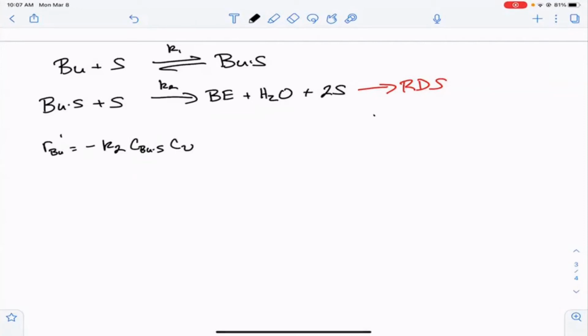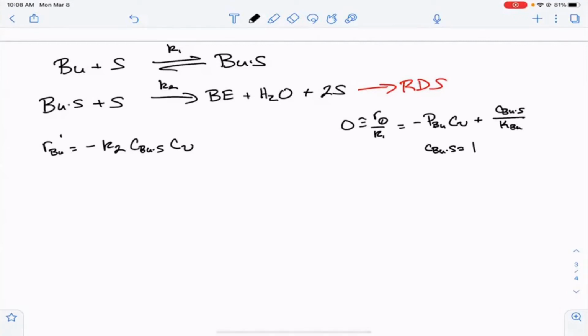If the rate of reaction 1 over K1 was approximately equal to 0, we're going to get something that looks very familiar to us here. This is just equal to minus the pressure of butanol times vacant sites plus CBu·S over KBu. And then CBu·S just equals KBu times PBu times Cv.